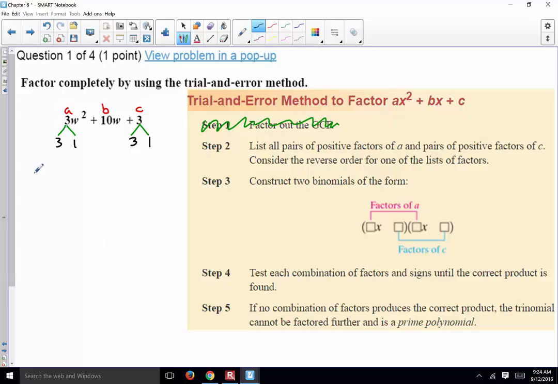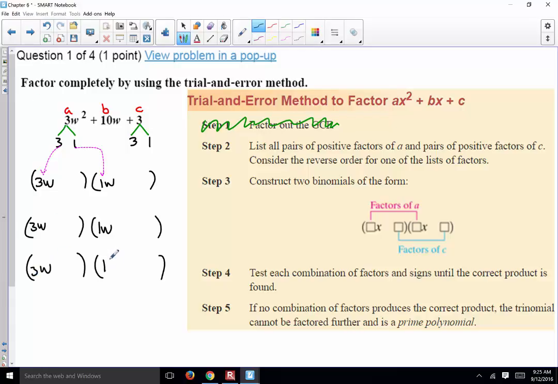Now, start making your possibilities. You can break 3w squared into 3w and 1w. Fix one order, 3 to the left, w to the right, and keep that same order all the time. So 3w, w, these are my candidates for factoring.